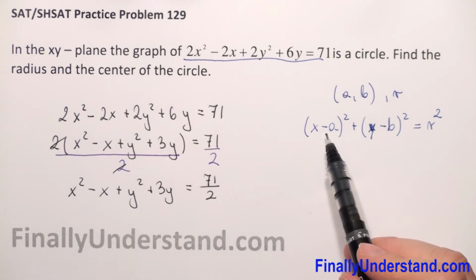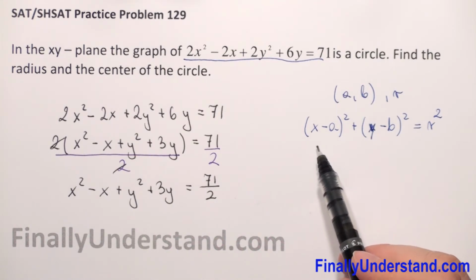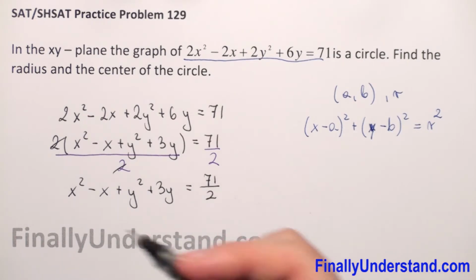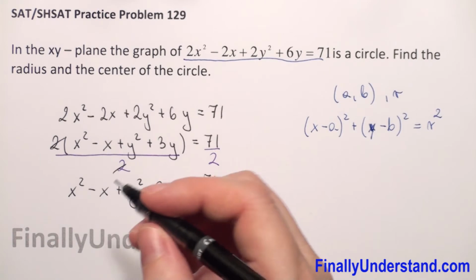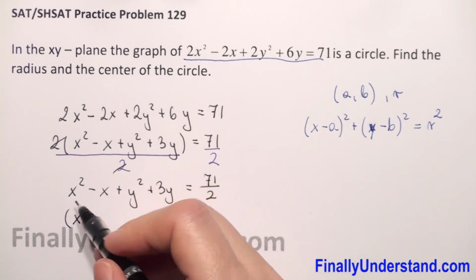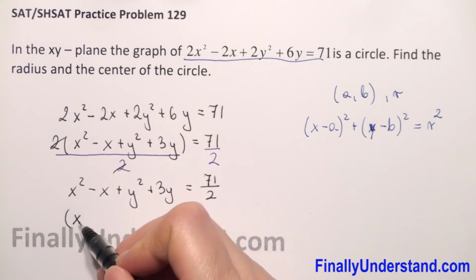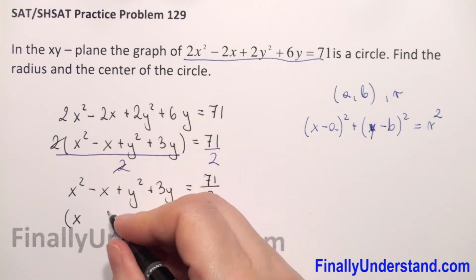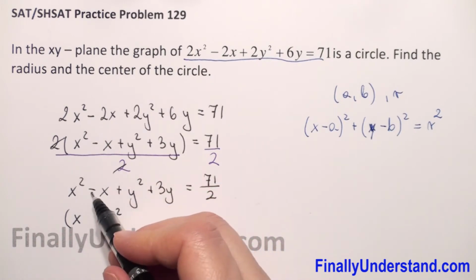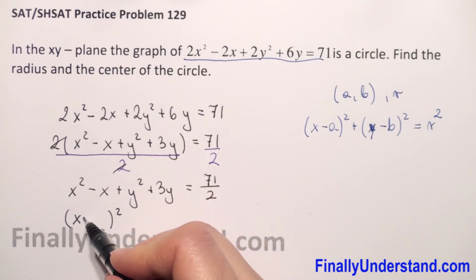First we have to have in parentheses x minus something to the second power. x must be at the beginning because we have x squared, so when we raise x to the second power it will be x squared. A negative sign because we have negative here.